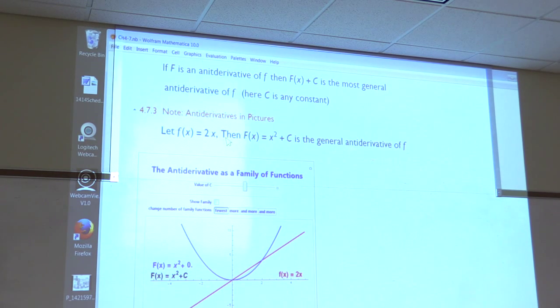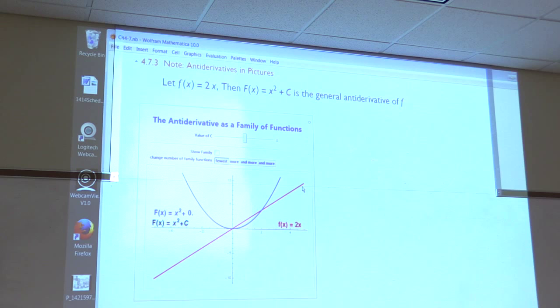Now graphically, the red line here is 2 times x. This blue parabola is just one of the antiderivatives of little f. We said it could be this x squared plus any number. So I could change the value of c. Notice I have x squared plus 4 now, and all it's doing is shifting that parabola up and down.